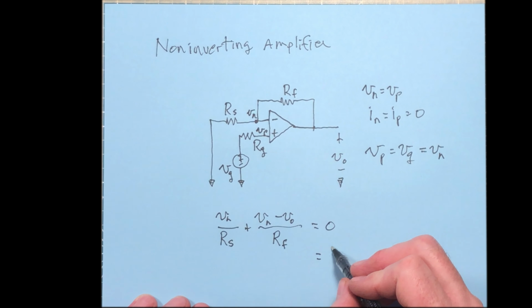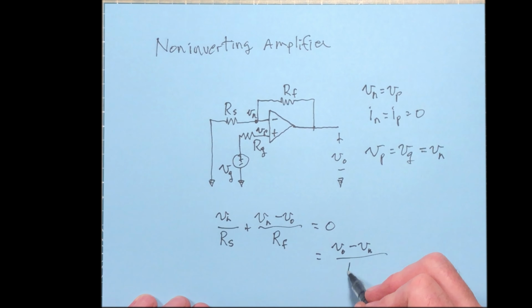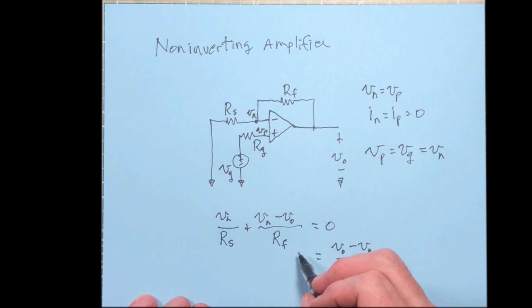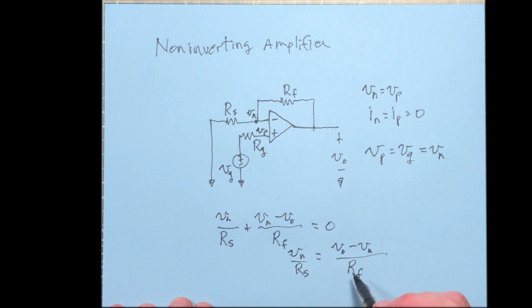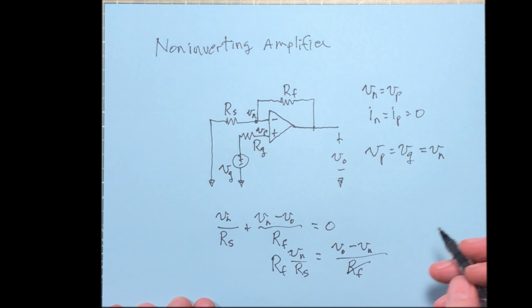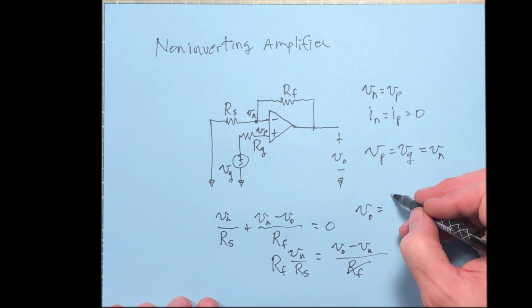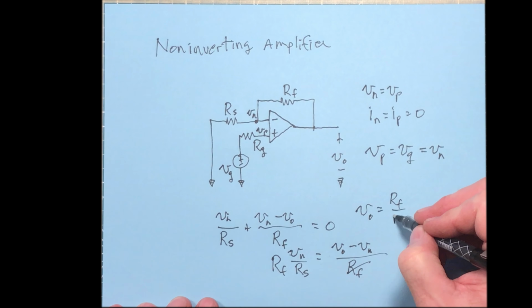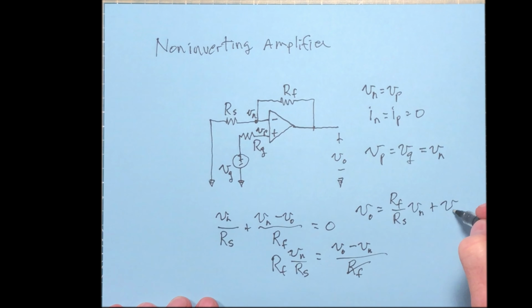When we do that, this can be written as V output minus V sub n over R sub f is equal to V sub n over R sub s. Okay, multiply through by R sub f. That goes away, and then add this. And we can write the final answer this way. It's going to be R sub f over R sub s, V sub n plus V sub n.